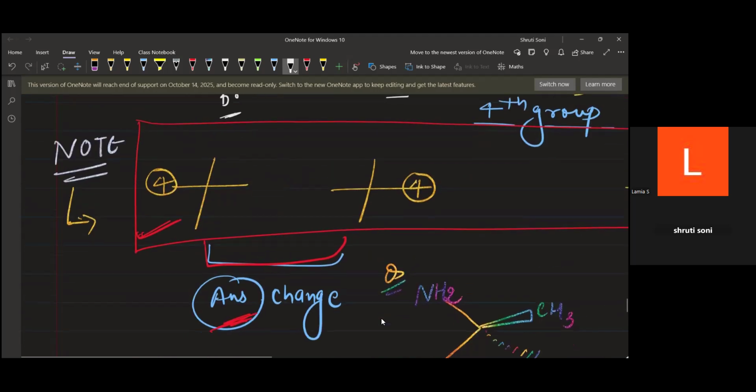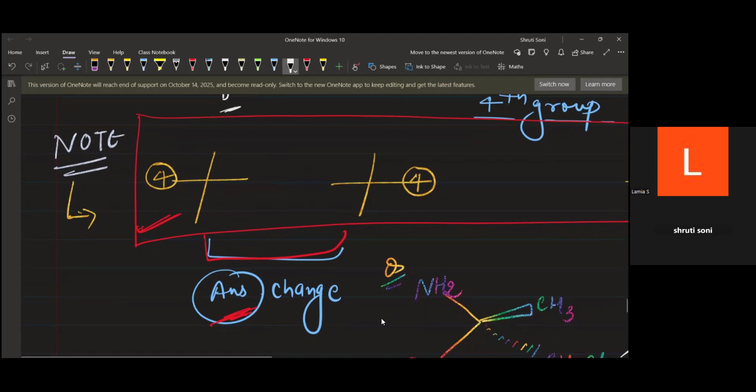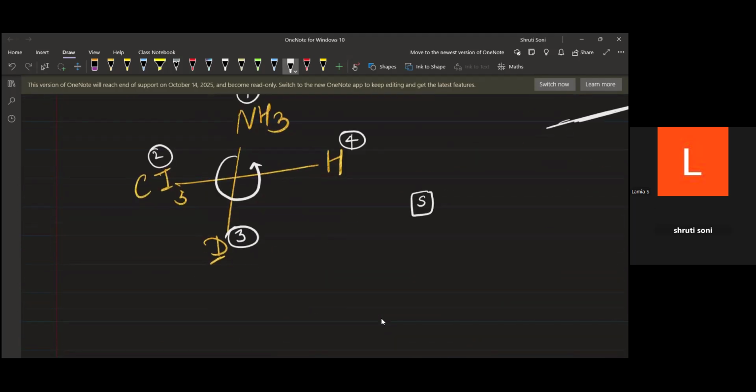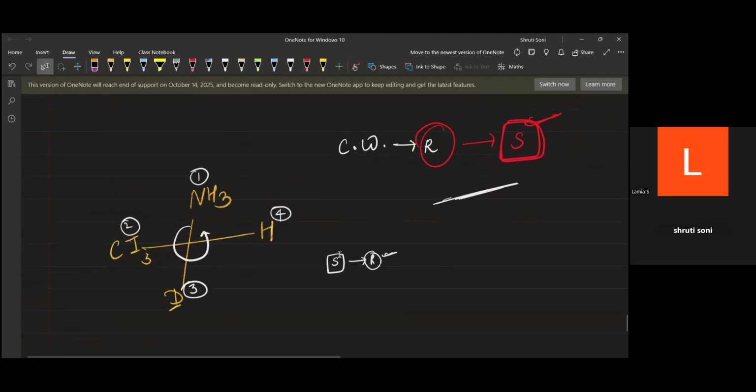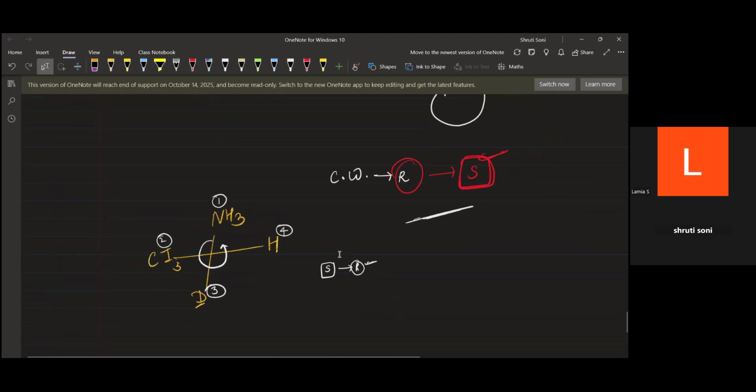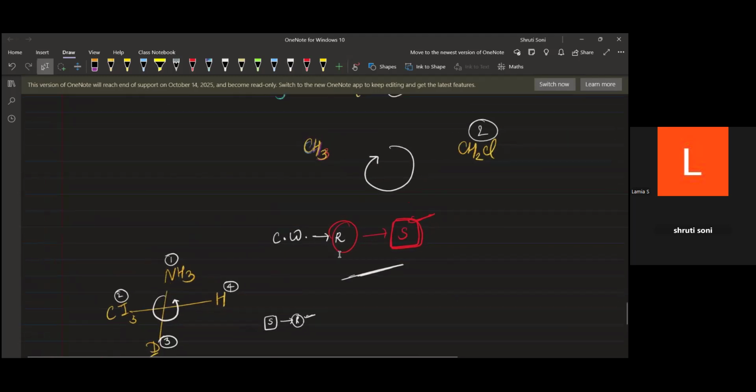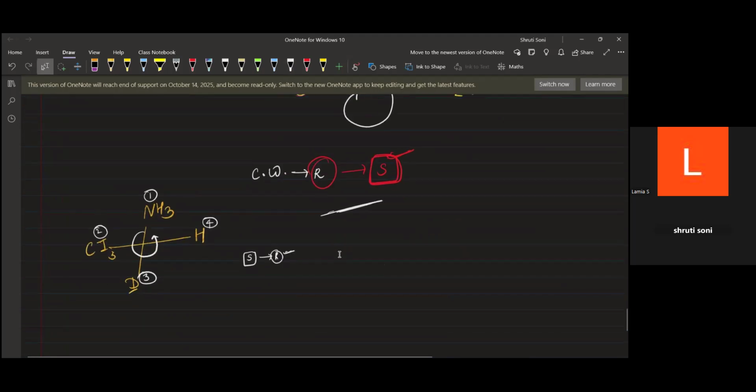The fourth group is on the right side, so the answer needs to be changed. So S is converting into R. So R will be our answer. Done. You can ask me if you have any doubt. Do you have any doubt from this one?